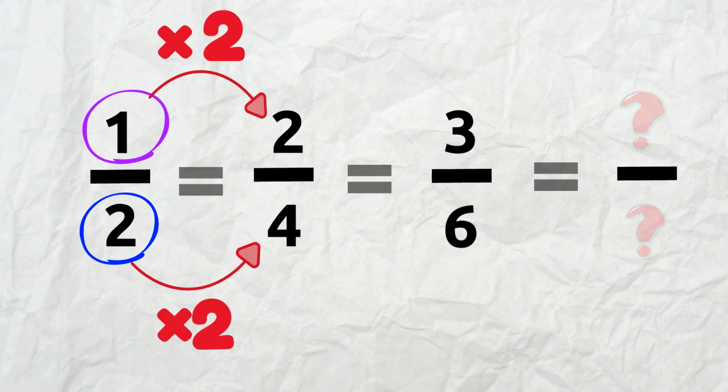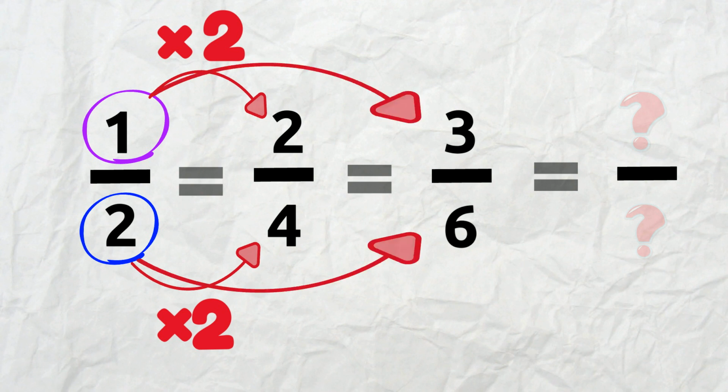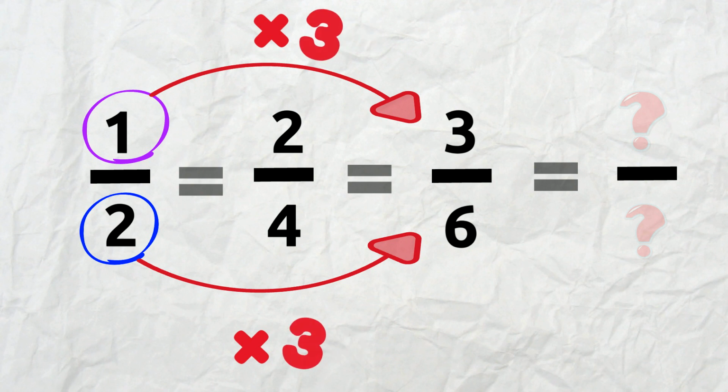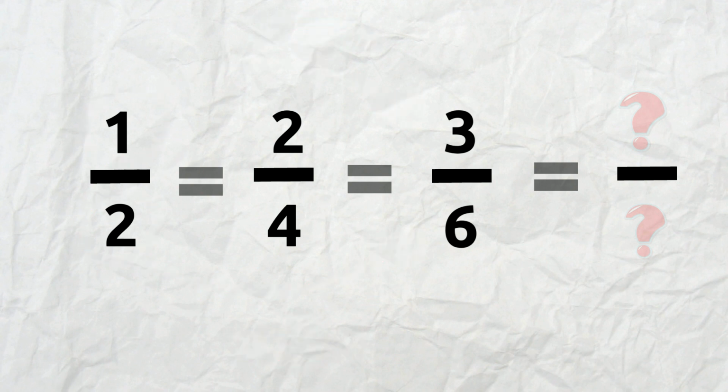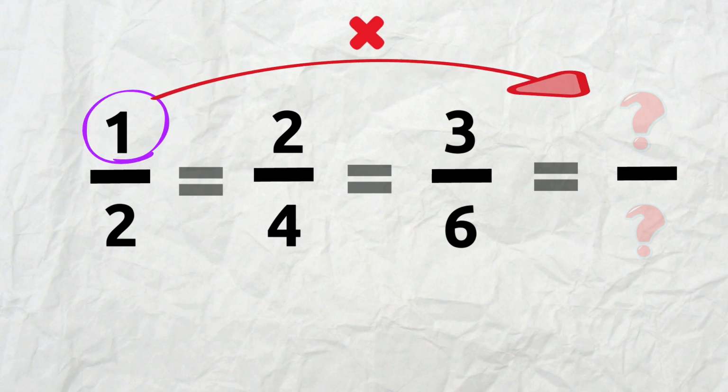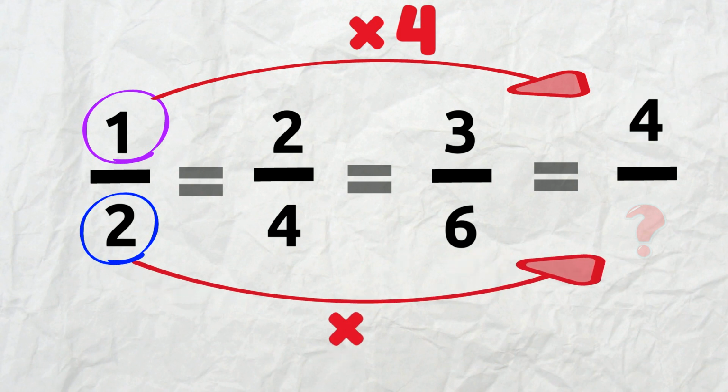And we have found 3/6 by multiplying the numerator and denominator by 3. To find the next equivalent fraction, we multiply the numerator by 4. 1 times 4 is 4, so we have to multiply the denominator by the same number. 2 times 4 is 8.